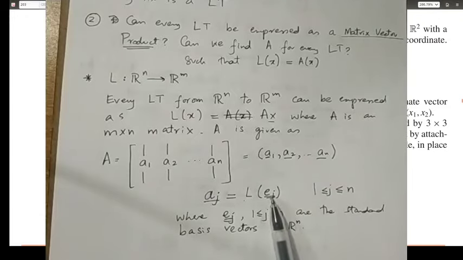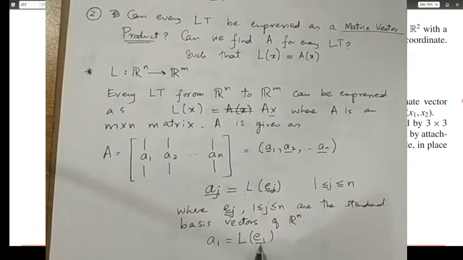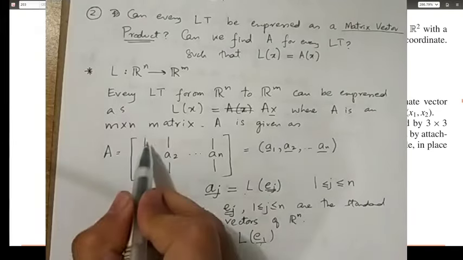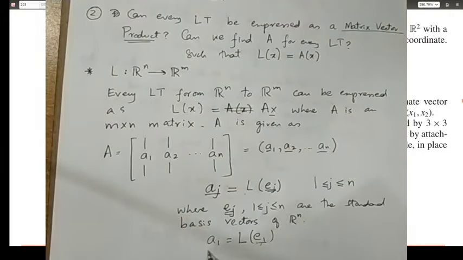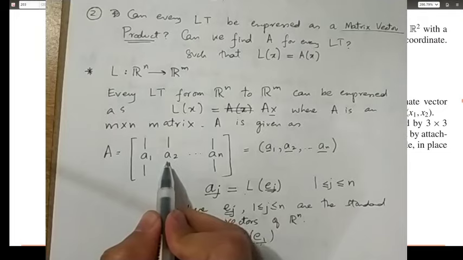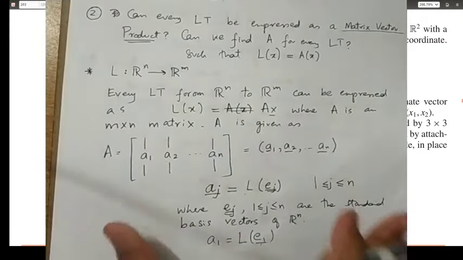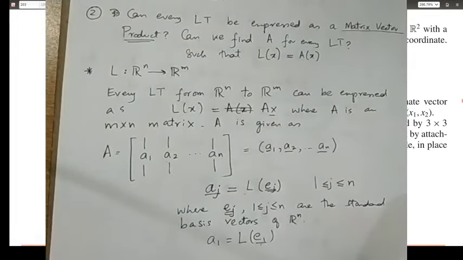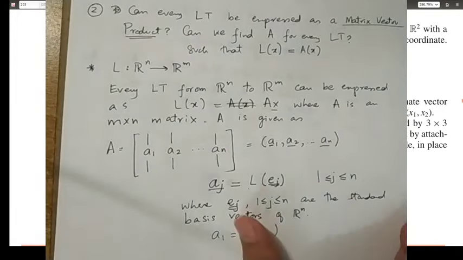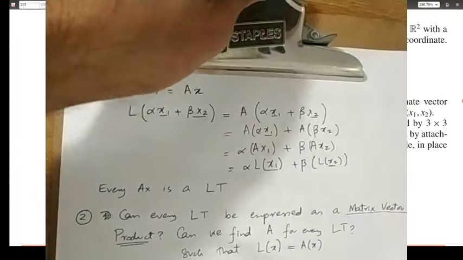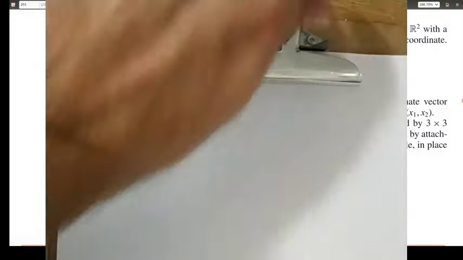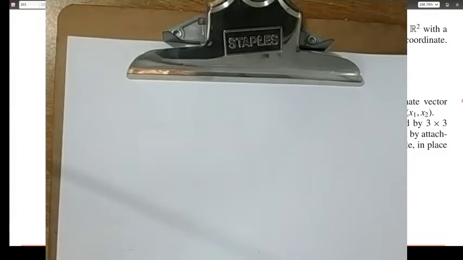A1 will simply be L of E1: find what happens to the first standard basis vector, and this will give you the first column. Then A2 equals L of E2 gives you the second column. This is the construction, telling you how to find A. We'll do an example showing how to construct this A, but first let's prove this theorem so that we can use it.